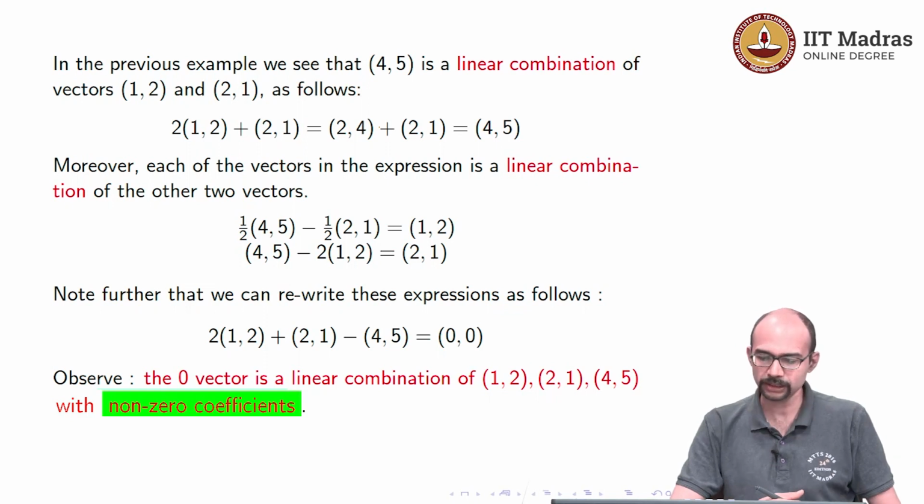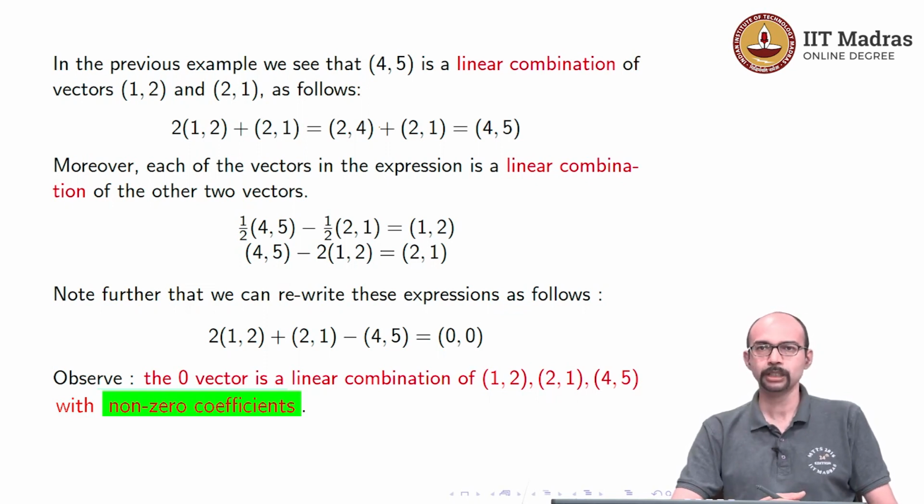So the coefficients here are non-zero. What are the coefficients? 2, 1 and minus 1. And with these coefficients, 0 is a linear combination of these three vectors (1, 2), (2, 1) and (4, 5). Okay, so I'll ask you to remember that picture in the previous slide along with this observation.